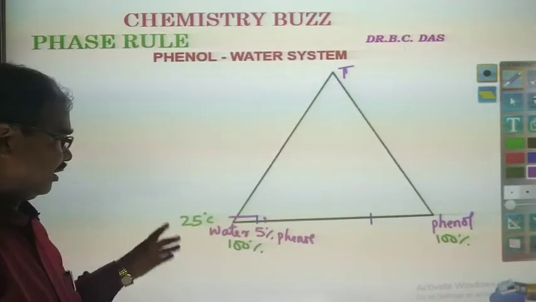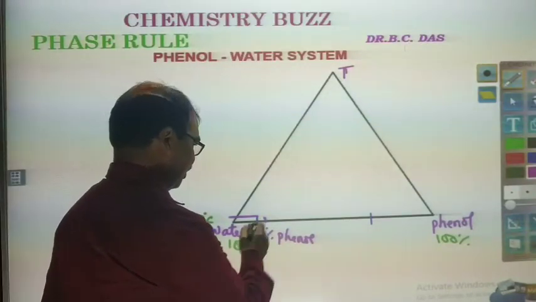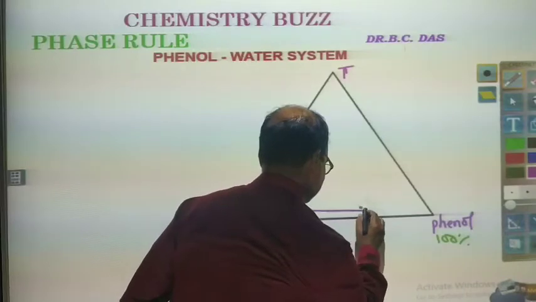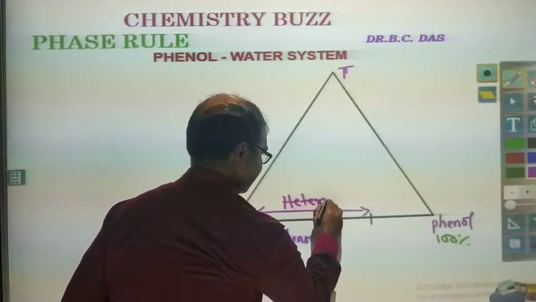If you shake it, it will not become homogeneous, it will become heterogeneous and turbidity will appear. So in this range, it will form a heterogeneous mixture.